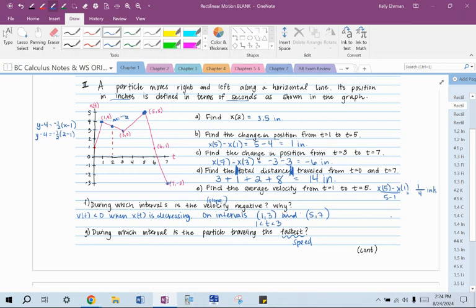Okay, so we have a slope of 3. We have a slope of -1/2. We have a slope of 1 right here. What's this slope? -8/2, so -4. So this is definitely the steepest slope. So the particle travels the fastest on 5 less than t less than 7.